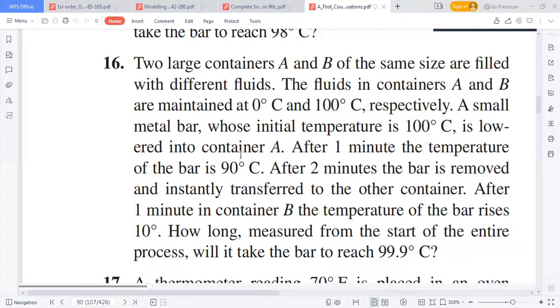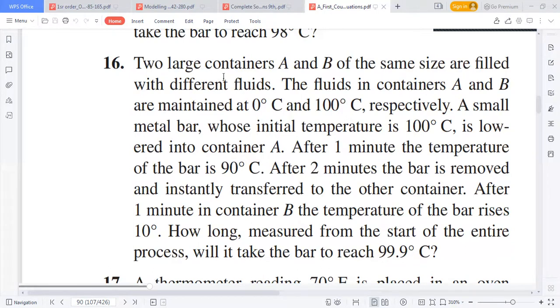This is why the bar is cooling. After 2 minutes, the bar is removed and instantly transferred to the other container. After 1 minute in container B, the temperature of the bar rises 10 degrees. How long, measured from the start of the entire process, will it take the bar to reach 99.9 degrees centigrade?